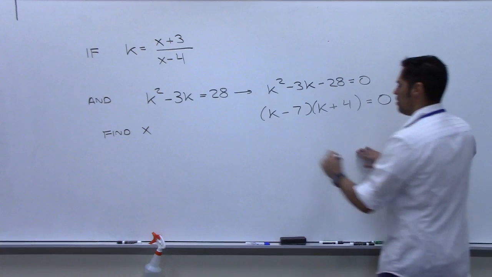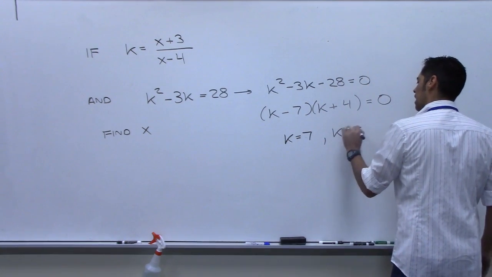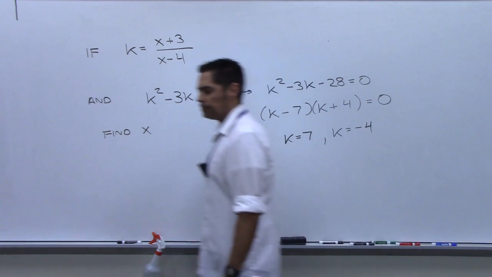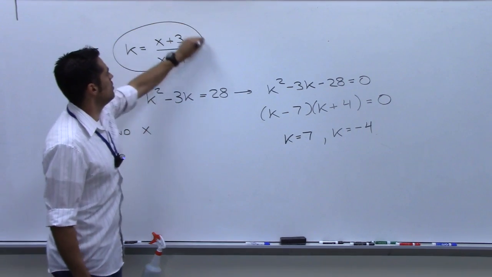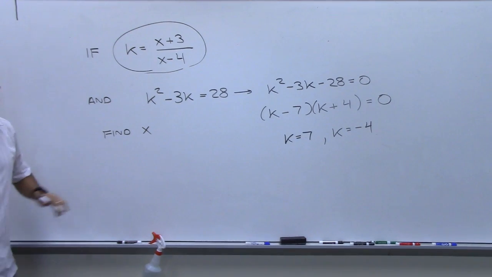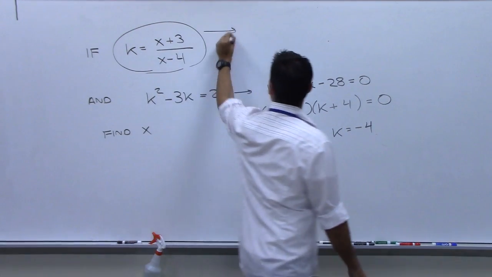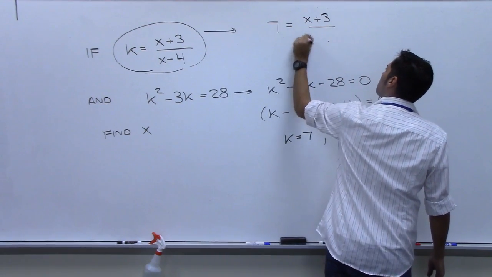So k is either 7 or k is equal to negative 4. So now we come up here and we know a relationship between k and x, don't we? So let's first start with k is 7. If k is 7, this becomes 7 equals x plus 3 over x minus 4.